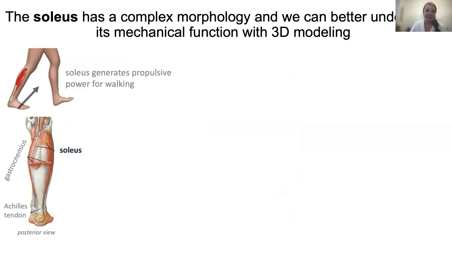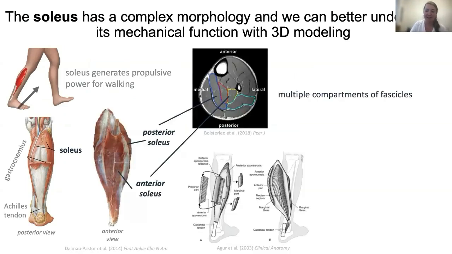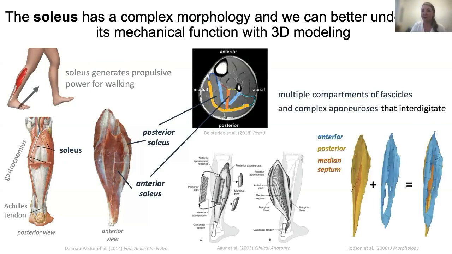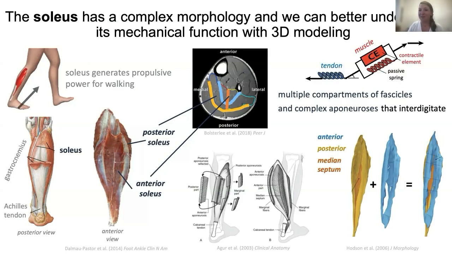This is a very complex muscle that we have studied with 3D modeling. If you're unfamiliar, it has multiple compartments of fascicles with different architecture and a complex interdigitating aponeurosis structure. This is the human soleus, to be specific. If we think of our Hill-type model, there are complications in this soleus architecture that are not really captured by the lumped tendon aponeurosis structure and the uniform muscle fascicle assumption.